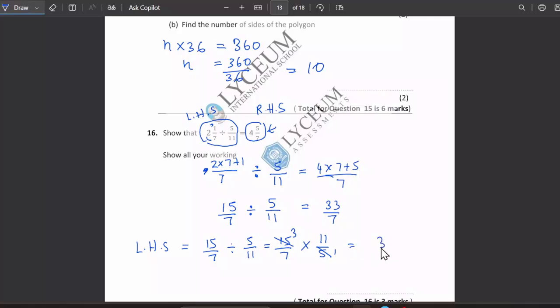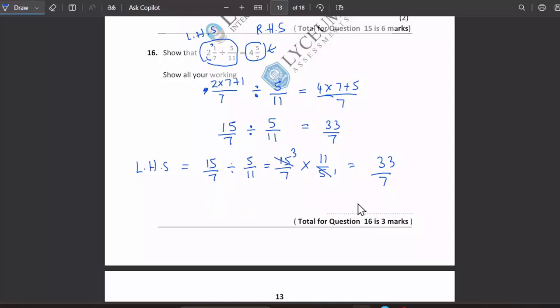So now we get 33 over 7. And again we can turn this 33 over 7 into this. Okay. So if we divide 33 by 7, we get 4.